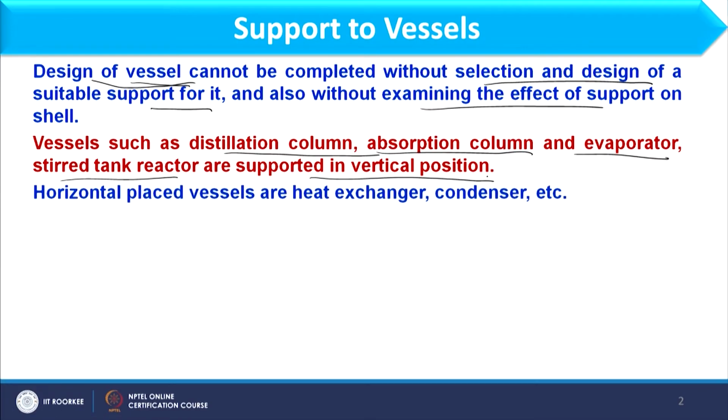However, horizontally placed vessels are heat exchangers, condensers. Heat exchangers can also be placed vertically and can also be placed horizontally. Now, we will see what are the supports used for vertical vessel and for horizontal vessel.